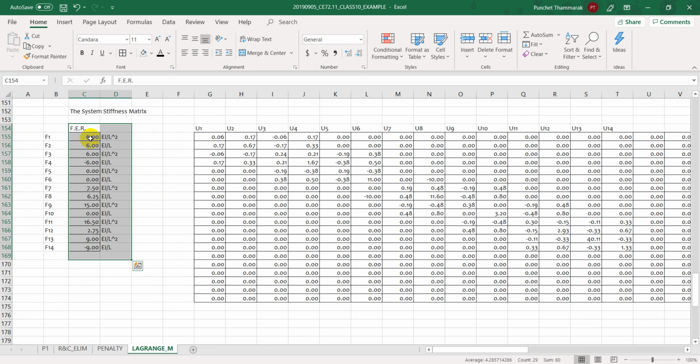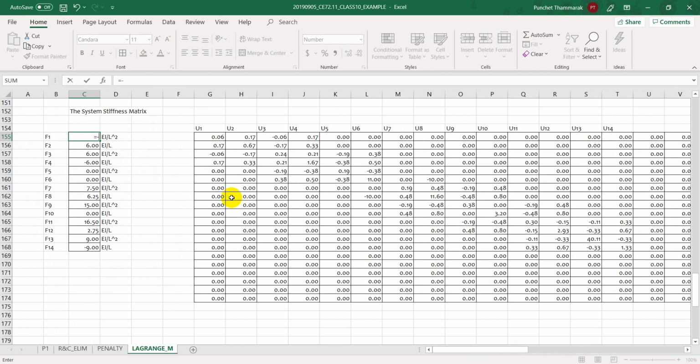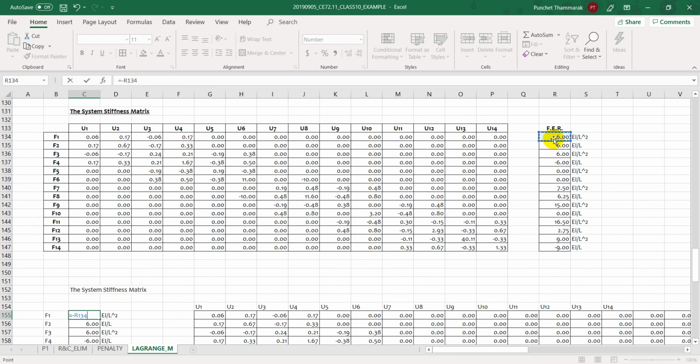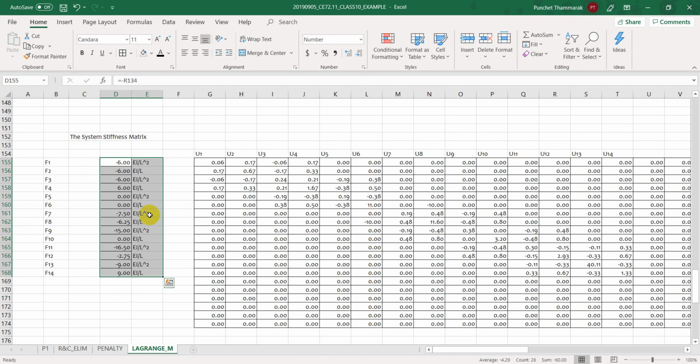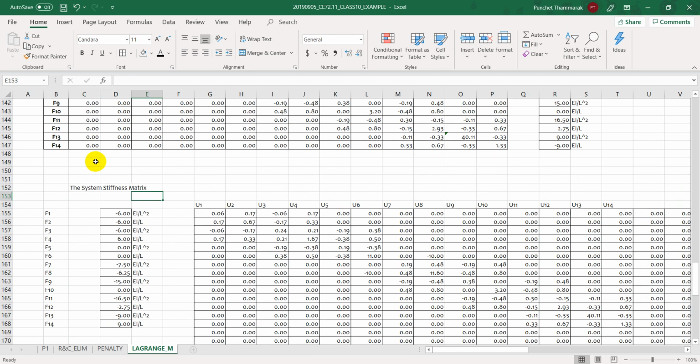I don't think I have to write down the system stiffness matrix.